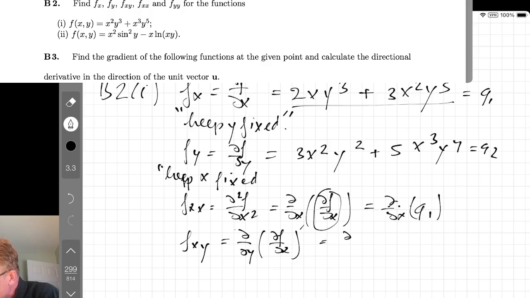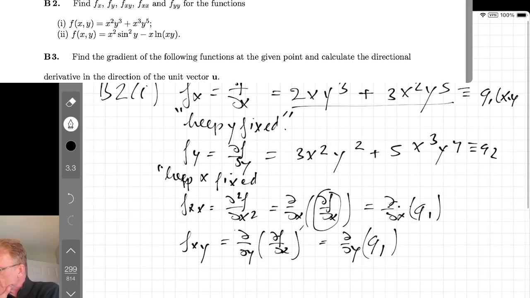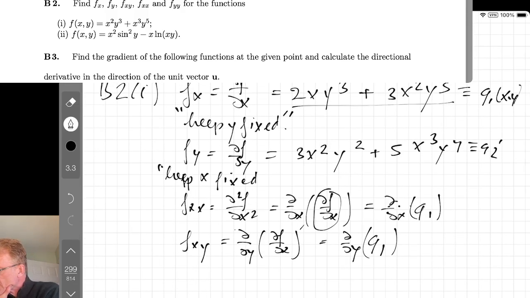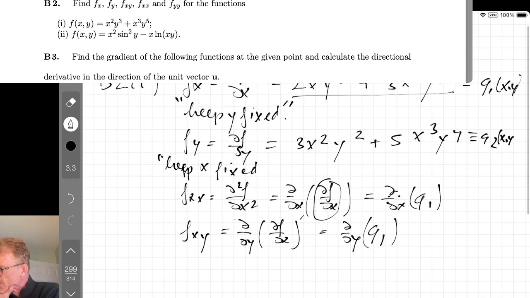So that's d/dy of q1. You don't need to introduce the extra variable, but it's just to emphasize that you've already calculated df/dx, which you could define as q1 of x, y, and q2 of x, y.